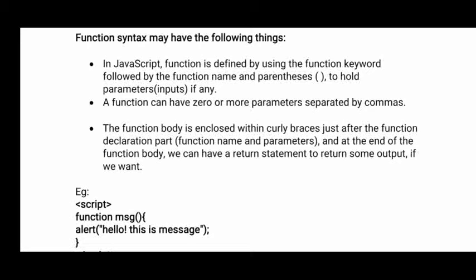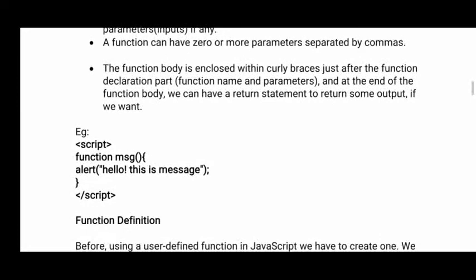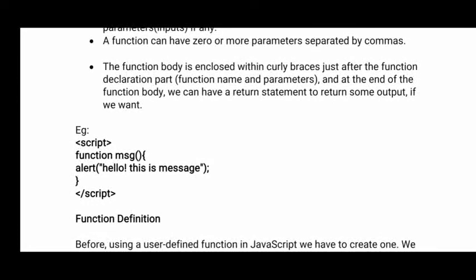Now the second one: a function can have 0 or more parameters separated by commas. Inside the parentheses you have the parameters. If the function is not receiving any value, for example if the function is just printing something, it does not need any values, so no need to give the parameters.